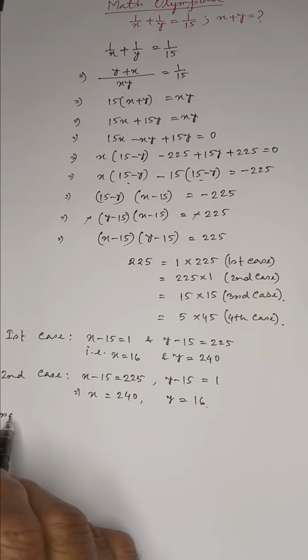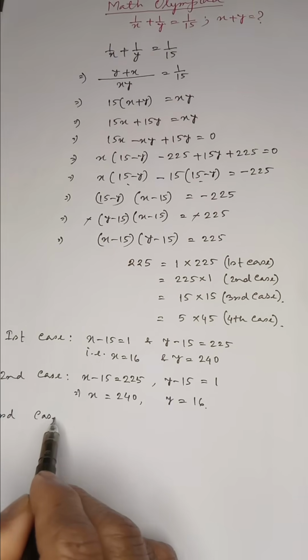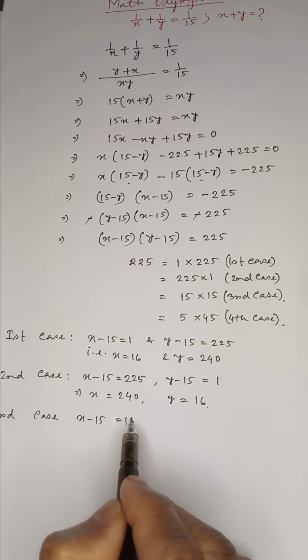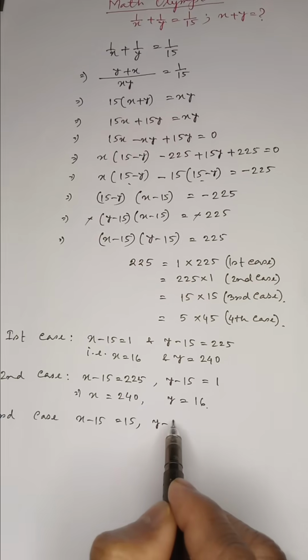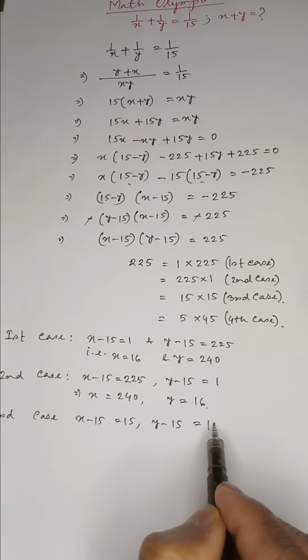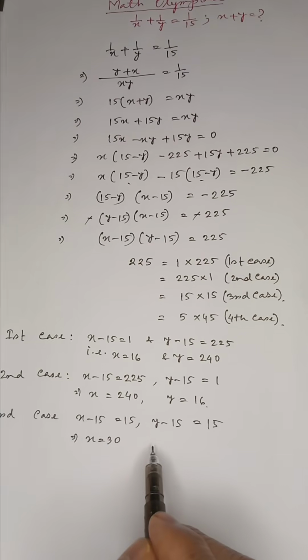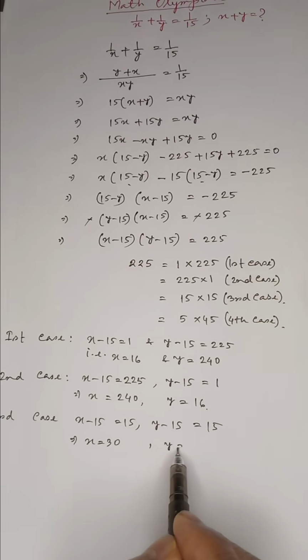Third case, x minus 15 equal to 15 and y minus 15 equal to 15, that is x equal to 30 and y equal to 30.